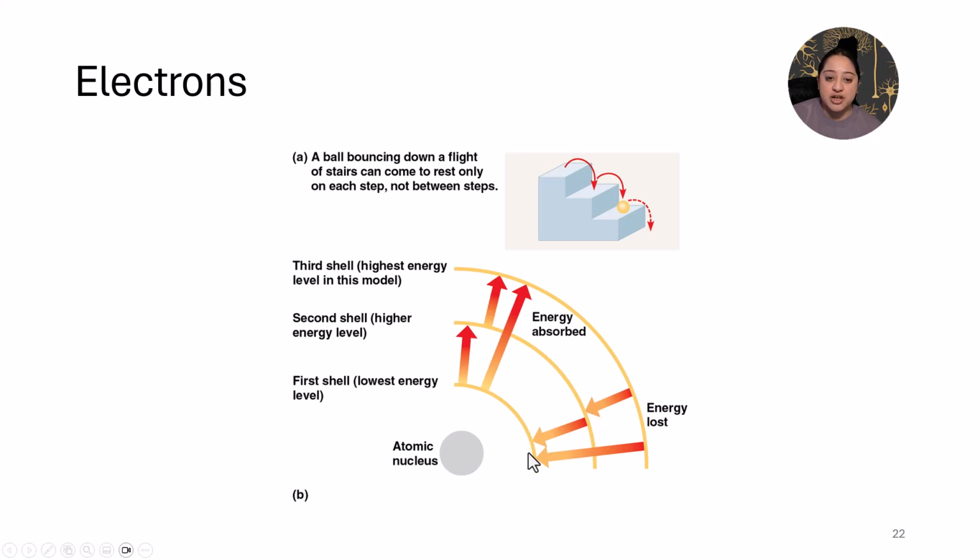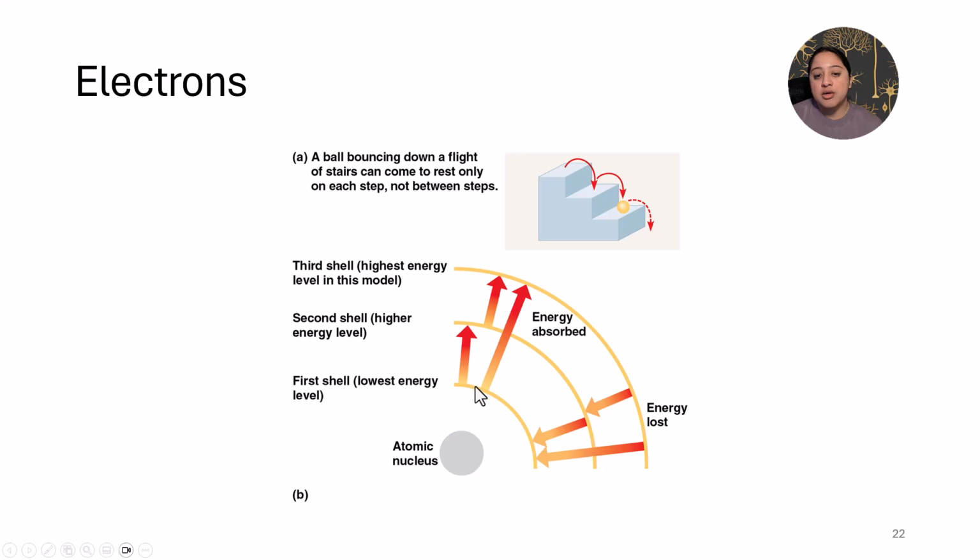The first shell is closest to the nucleus of the atom. It has the lowest amount of energy. There's a second shell that's a little bit further from the nucleus. It has a higher energy level. And then the third shell is the highest energy level. So depending on where the electrons are, that dictates how much energy that electron has associated with it.